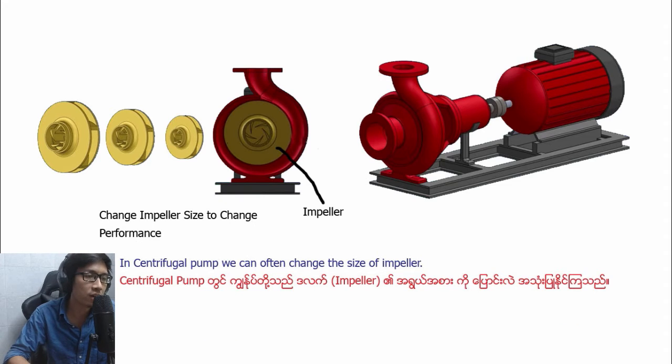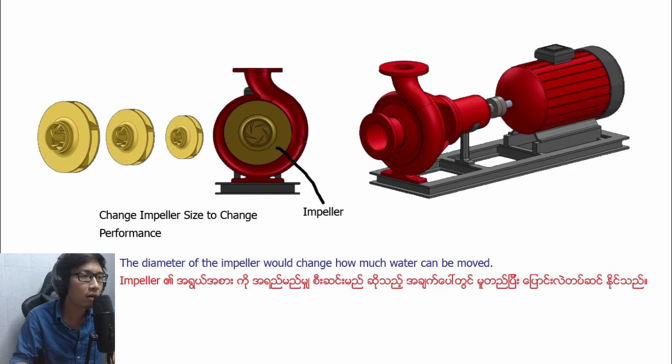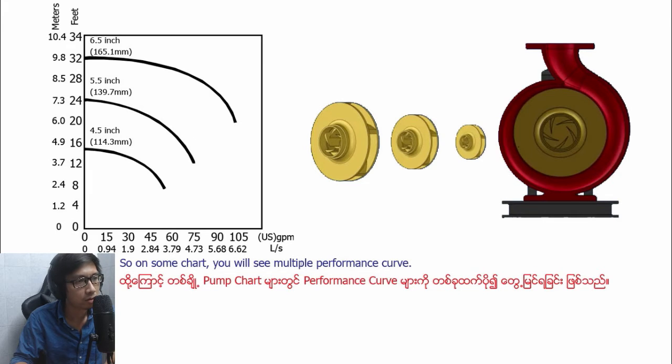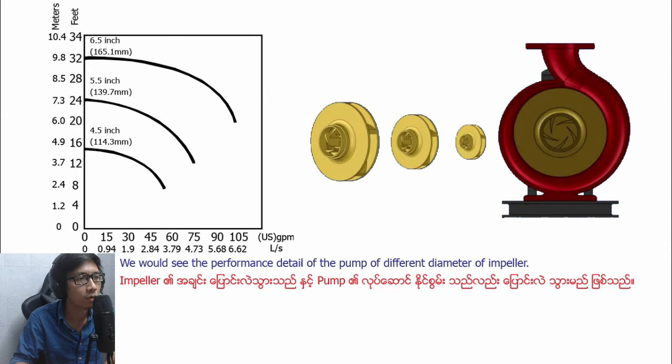In a centrifugal pump, we can often change the size of the impeller. The diameter of the impeller will change how much water can be moved. So on a pump chart, you will see multiple performance curves. We will see the performance detail of the pump with different diameters of impeller.